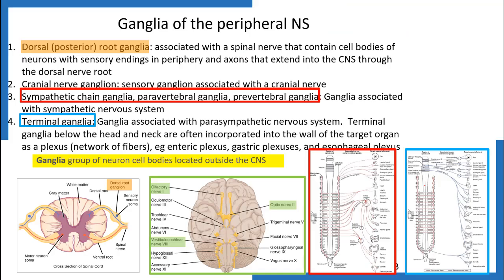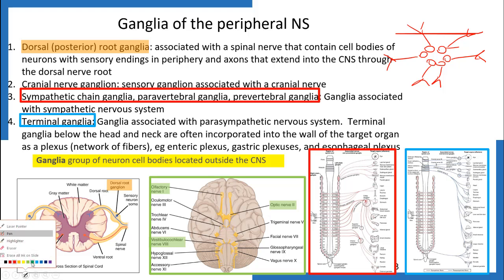And the next slide basically talks about the ganglia. Like the way that nerve axons are bundled together, ganglia are a collection of cell bodies that are grouped together. So the ganglia would be this collection of cell bodies.